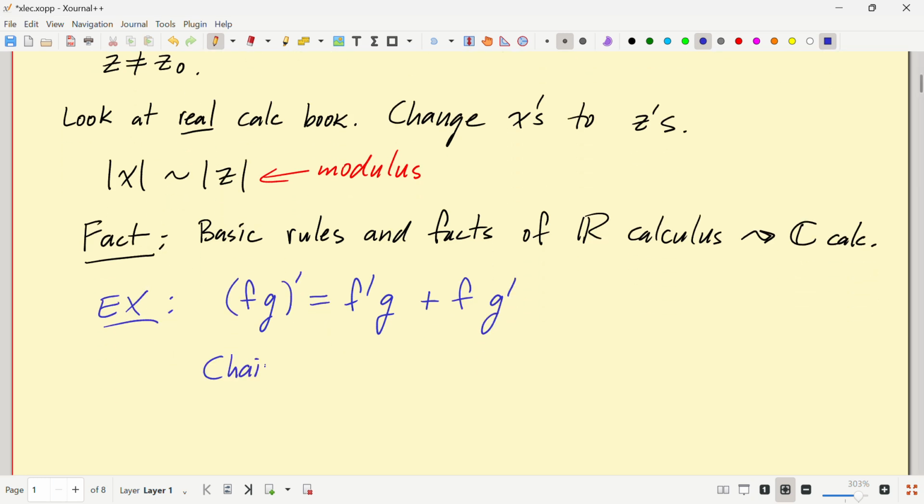If you look at the right proof of the chain rule, for example, the one that's in Baby Rudin, that proof of the chain rule goes through perfectly for a complex version of the chain rule. Okay, so I'm not going to mess around proving all those things because it would be an exact repeat of the real version.